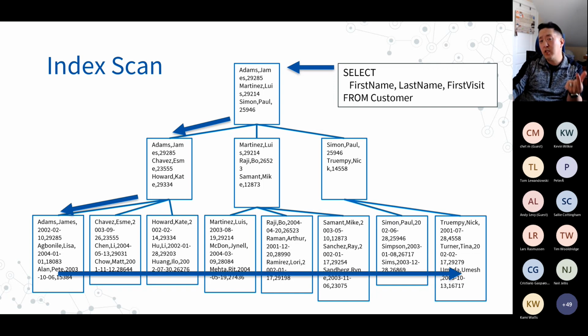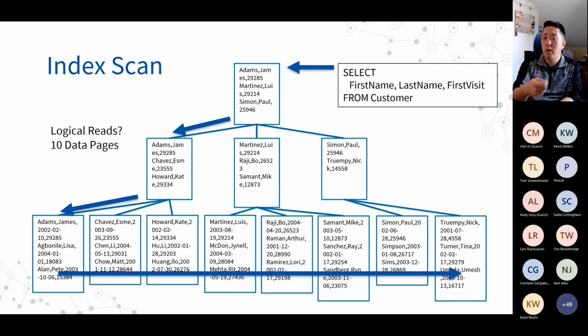Now, one way to measure the amount of work that SQL Server has to do is to measure the number of index data pages that SQL Server had to process. Remember that an index data page is an 8 kilobyte construct, first persisted on disk, of course, and then pulled into the buffer pool or RAM, and then processed inside of RAM, right? So how many data pages did we have to process? 10 data pages.